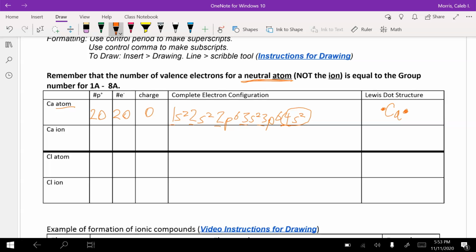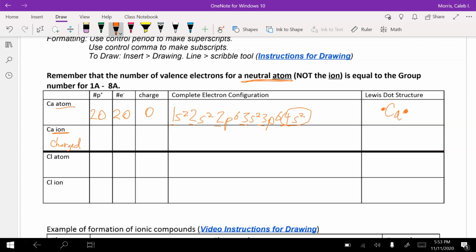The calcium ion means it's got a charge. It's the charged particle. And the way it's going to be charged is by either gaining or losing electrons. We're going to look at the valence electrons and decide if it's easier to lose electrons or gain them to get to a full outer shell.